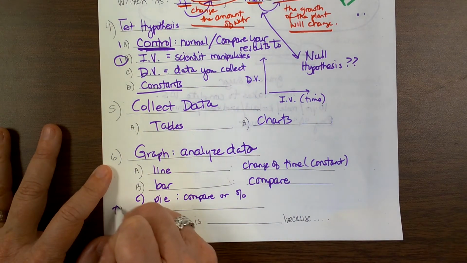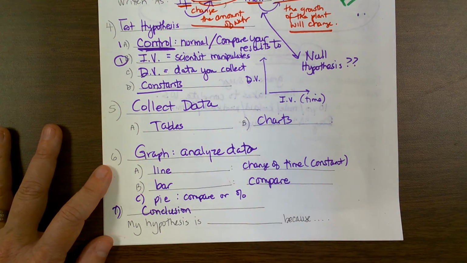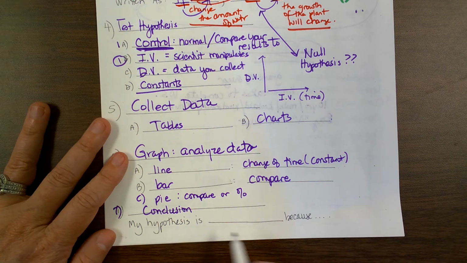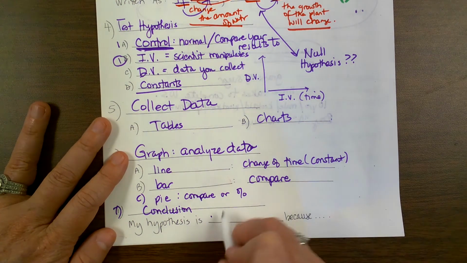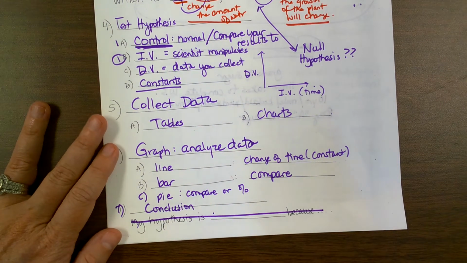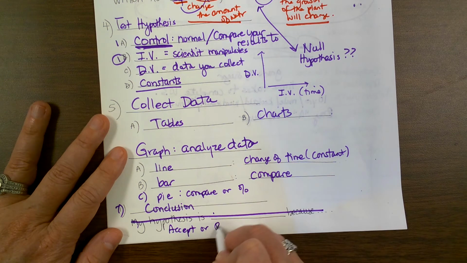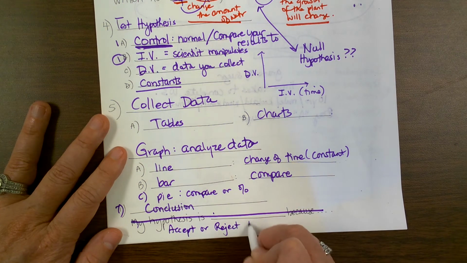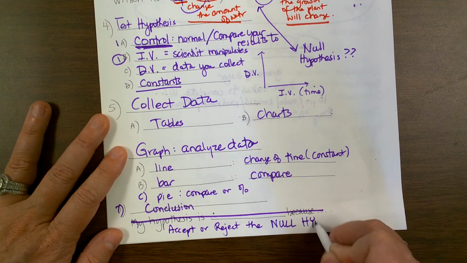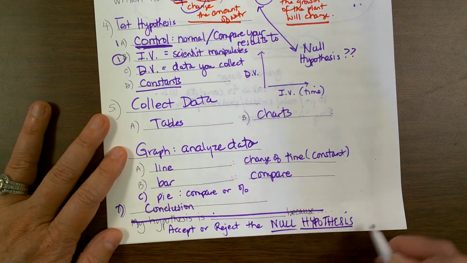All right, and then our last step is our conclusion. In our conclusion, you say whether your hypothesis is right or wrong, but the better way for us to do a conclusion now is to accept or reject the null hypothesis. All right, so null hypothesis is important.